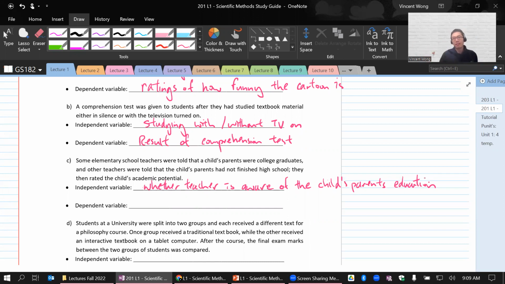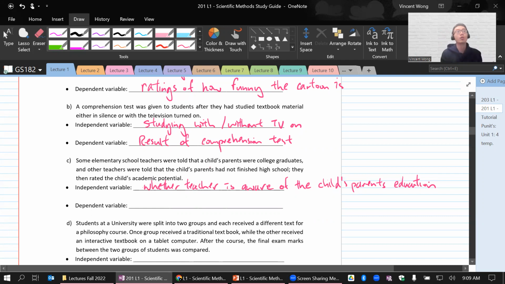Sometimes the teacher might have bias: oh, your parents are college graduates, then you must have very high academic potential. That's what we're trying to test here. So it's not just the parents' education, it's whether the teacher knows about it. I think that's the key thing here. Is that okay? Thank you. So the dependent variable is going to be the rating of the academic potential.